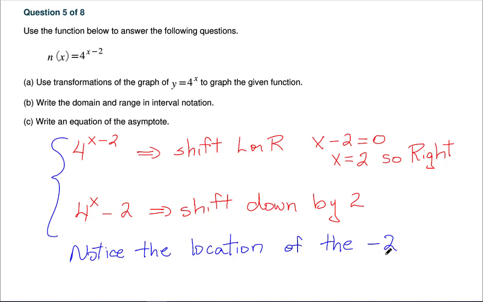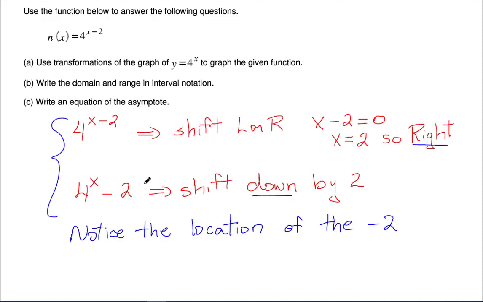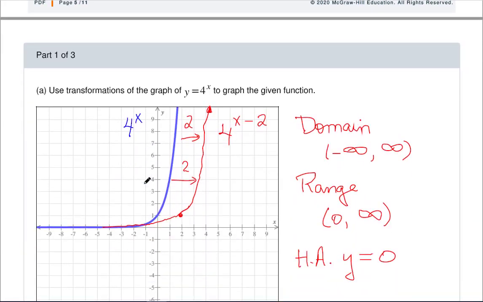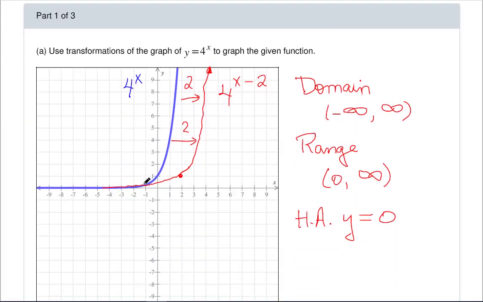The minus 2 here is on the end, and that means I've gone down by 2. When it's up here with the x, then it's a left or right. X minus 2 is 0, so we go to the right. So basically, we're going to take our shape and now shift this to the right by 2.